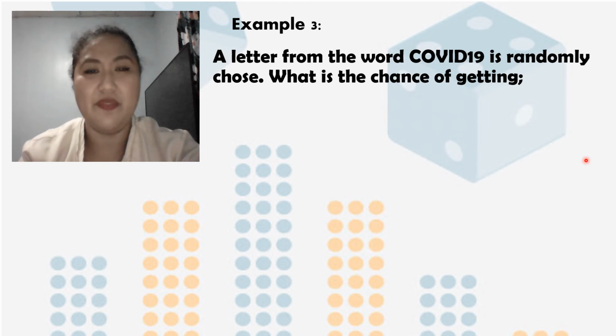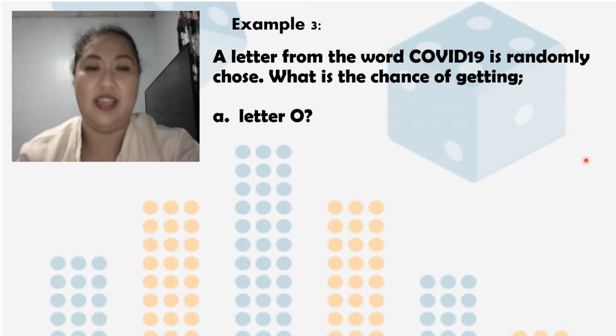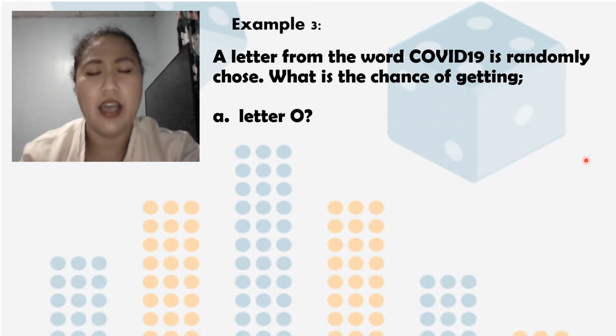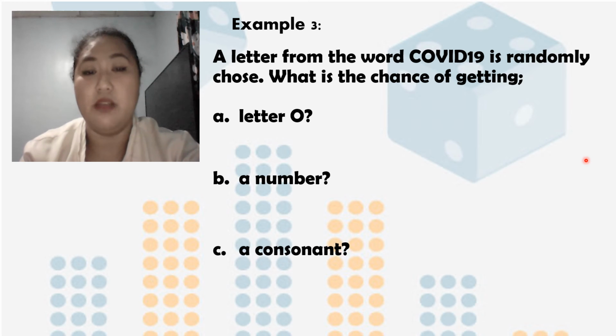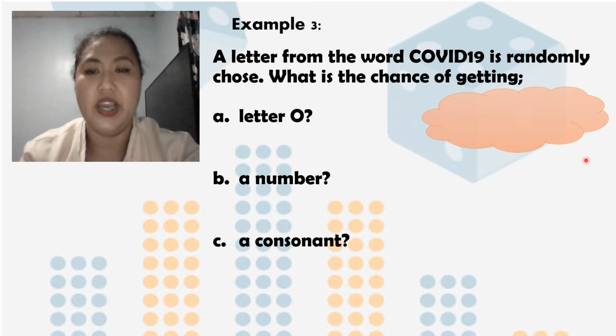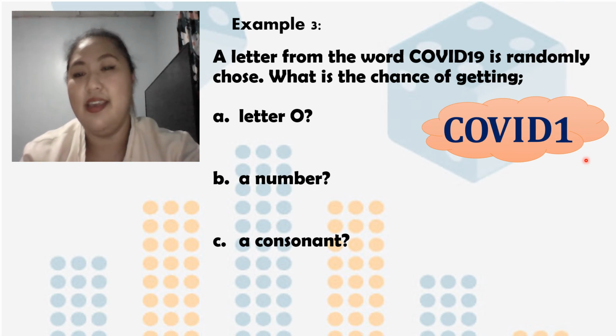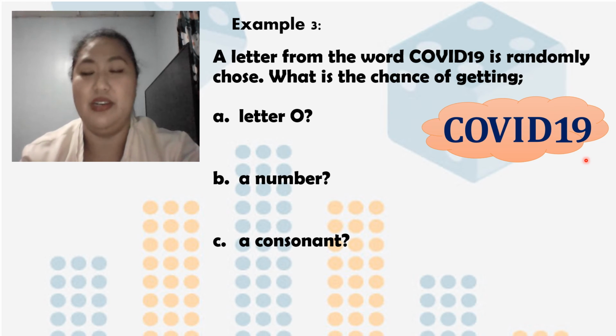Example 3. A letter from the word COVID-19 is randomly chosen. What is the chance of getting letter A, letter O, B, a number, C, a consonant? So again, bigyan ko lang kayo ng guide dito. So we have COVID-19, letter C, letter O, V, I, D. Then we also have number 1 and number 9.